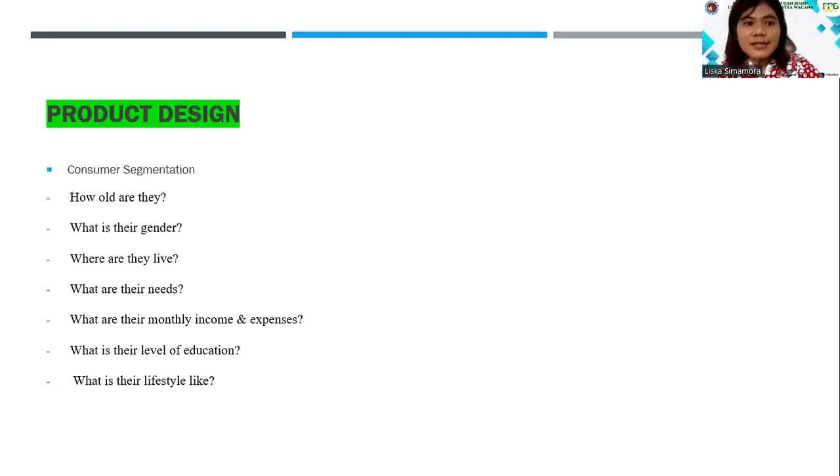The next step is to do segmentation for your customer. Segmentation can be done by answering these questions. How old are they? So segmentation can be done by age, gender, residence, needs, income, educational level, and also lifestyle.